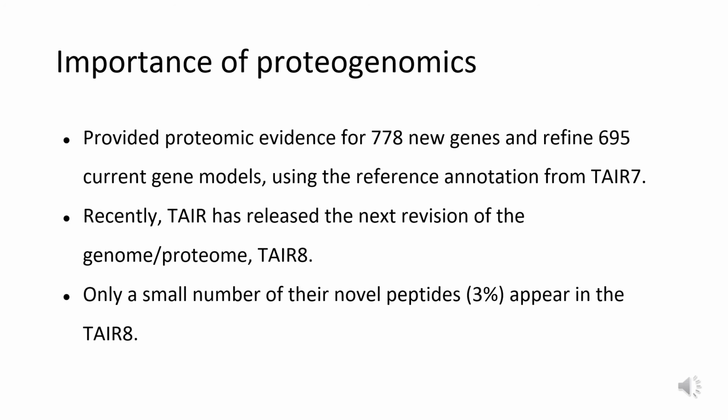Recently, TAIR has released the next version of the genome proteome, TAIR 8. Only a small number of their novel peptides, 3%, appear in the TAIR 8 release, indicating that the proteogenomics approach is complementary to computer-based annotation.